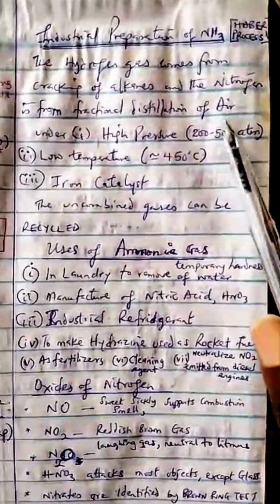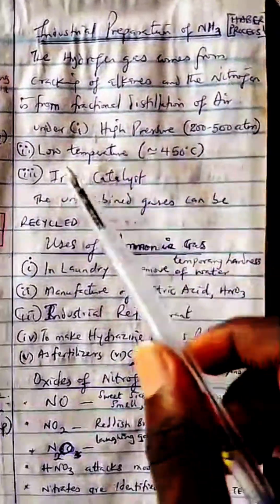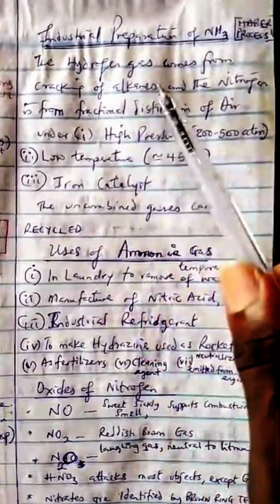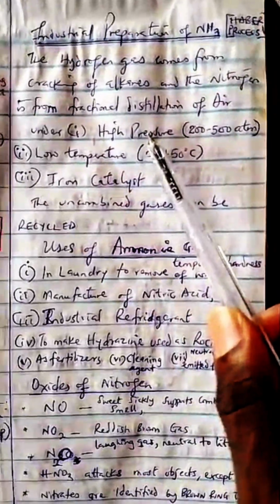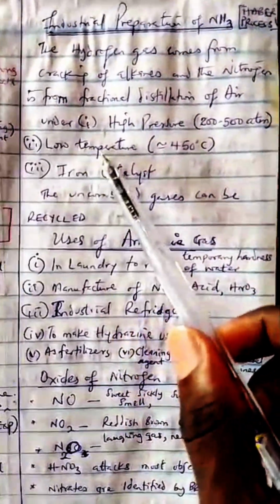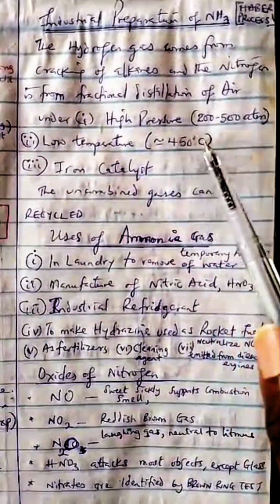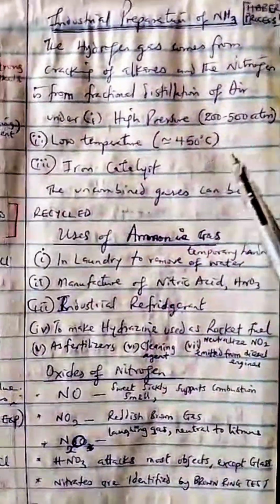Ammonia is produced under high pressure of between 200 and 500 atmospheres, a relatively low temperature of about 450 degrees centigrade, and an iron catalyst is used.